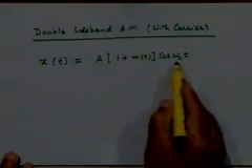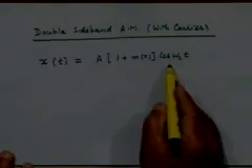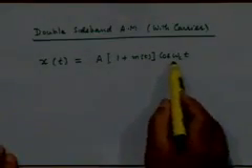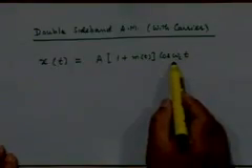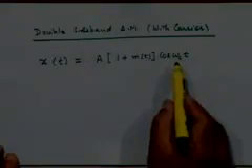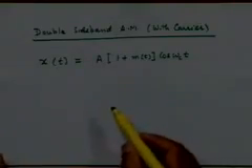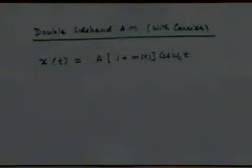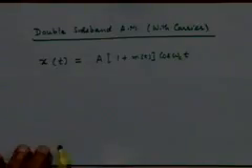As you can see, the second term is precisely the same term that we had earlier, A times m(t) times cosine omega ct, but we are also adding a term which is equal to A cosine omega ct, which is a carrier term. So there is a carrier component specifically introduced along with the message signal, along with the rest of the modulated signal to produce the final modulated signal x of t, right?